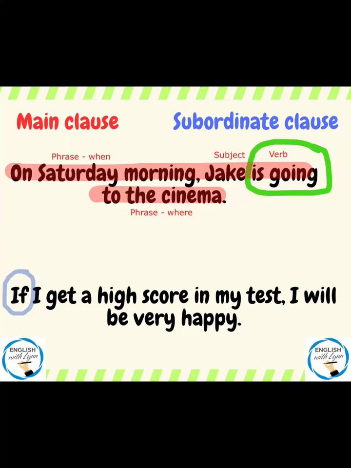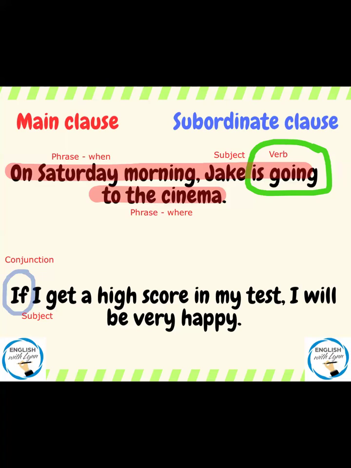So that tells me that it is a subordinate clause. So I've got my conjunction. Have I got a subject? Have I got a verb? I is the subject, and then get is my verb in there. A high score, that's what they're aiming to get.